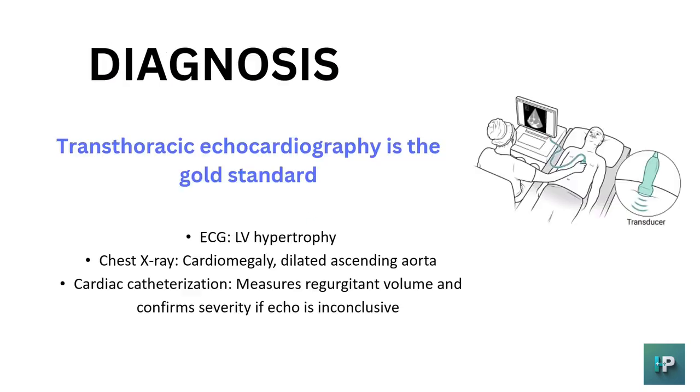Then let's see diagnosis. The diagnosis is by the gold standard method, that is transthoracic echocardiography, and other methods are ECG, where there will be left ventricular hypertrophy, and chest X-ray, where you can see cardiomegaly and a dilated ascending aorta.